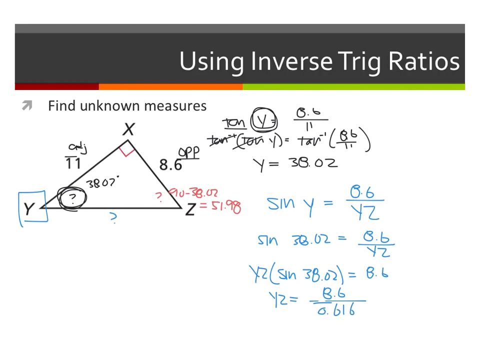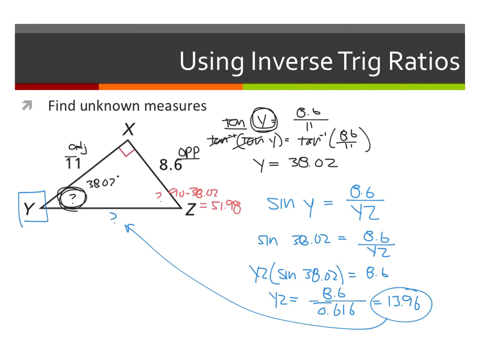So 8.6 divided by that will be 13.96. And that is the length of the hypotenuse.